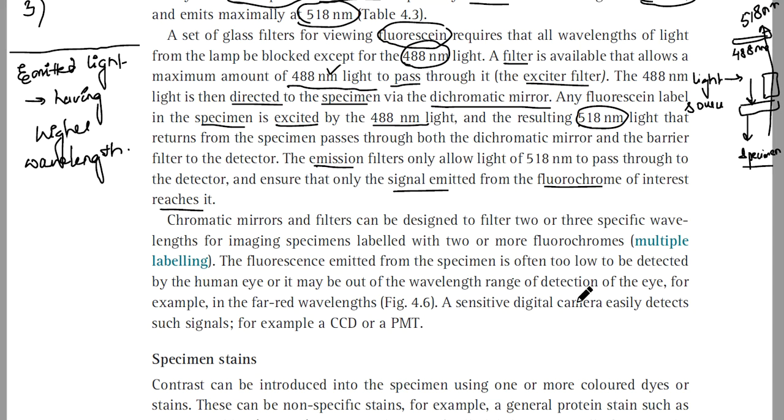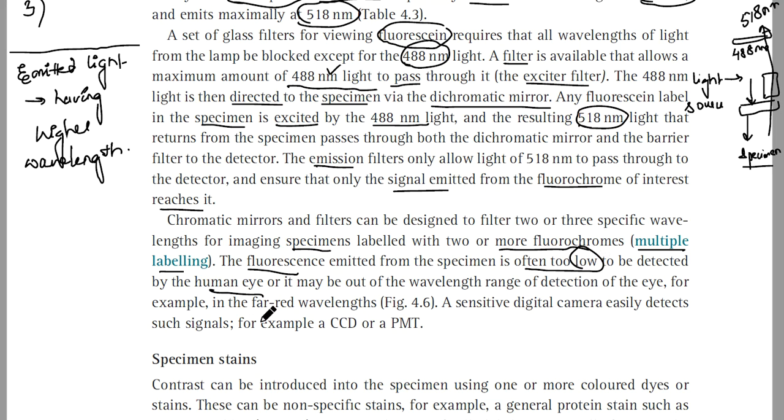Sometimes it was found that multiple labeling is done. See, for example, the specimen is labeled with 2 or more fluorochromes. Why is there use of multiple labeling? Because the fluorescence which is emitted from the specimen is too low to be detected by the human eye.